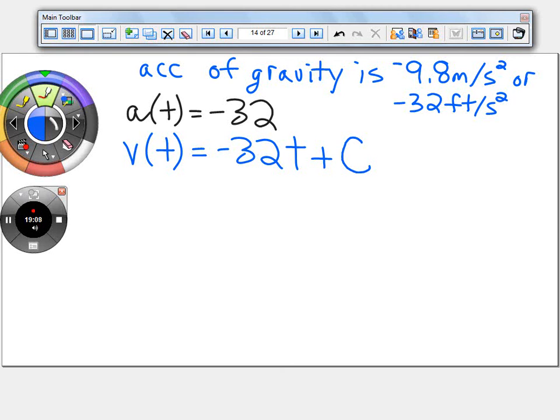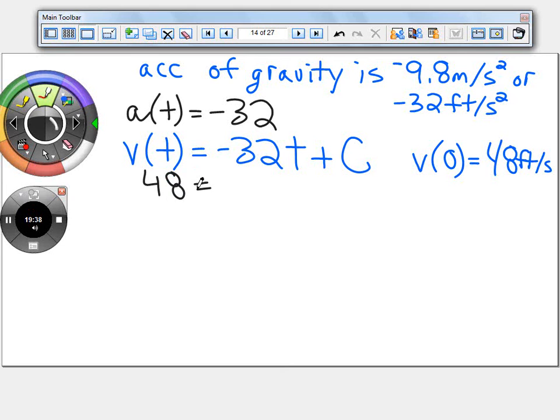But I think they gave us a little information, and they said that, hey, we know the initial velocity. The initial velocity was 48 feet per second. So they told us that v sub 0, at 0 time, the velocity was actually 48 feet per second. So we can use that. We can nail down exactly what the velocity function is. So we could plug in 48 to the left-hand side.